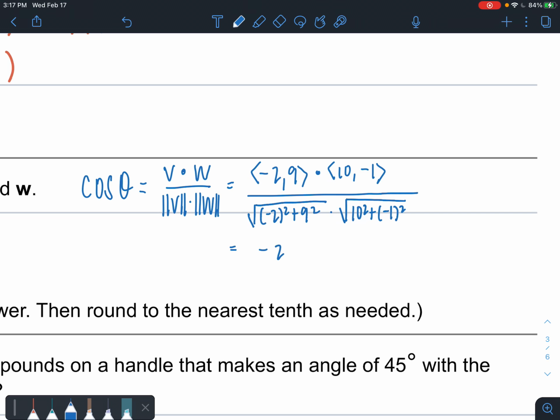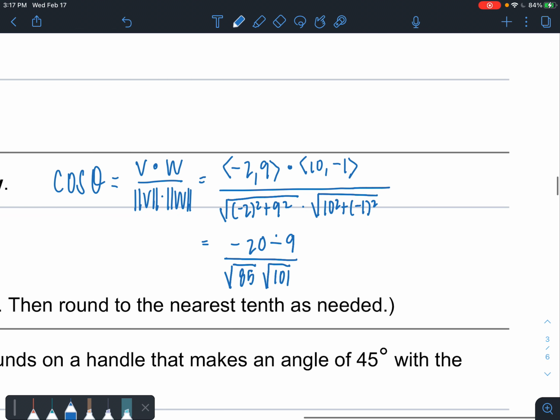So we have negative 20 minus 9 over the square root of 4 plus 9 squared. So 81 plus 4 is 85. And the square root of 101. I'm going to come up and actually move this up.